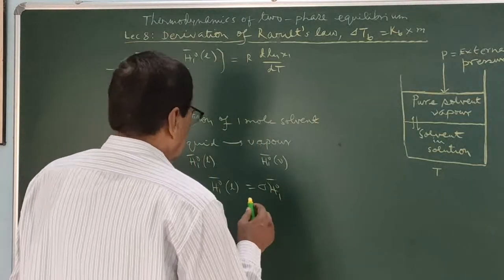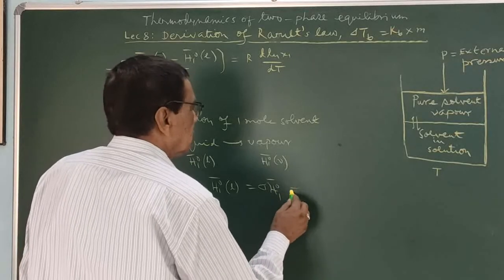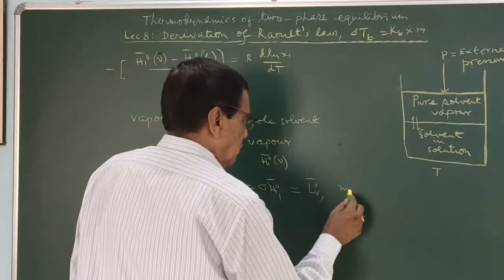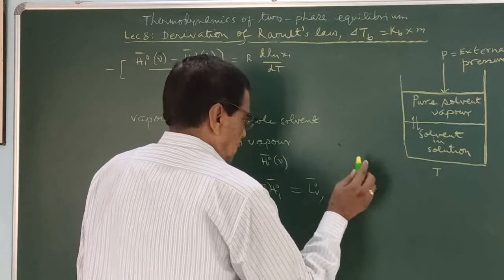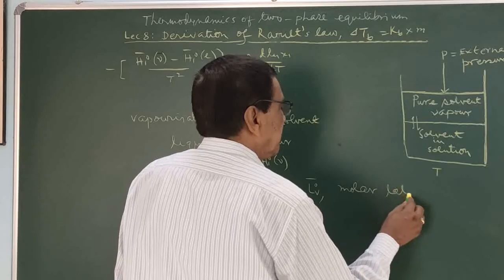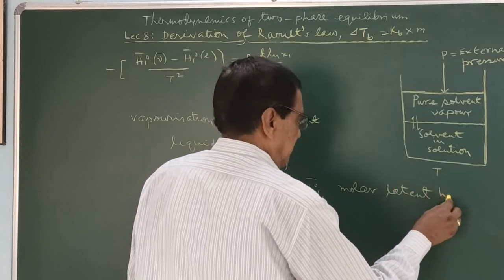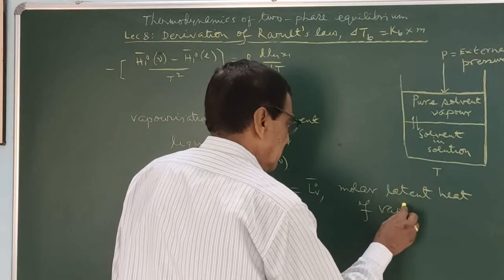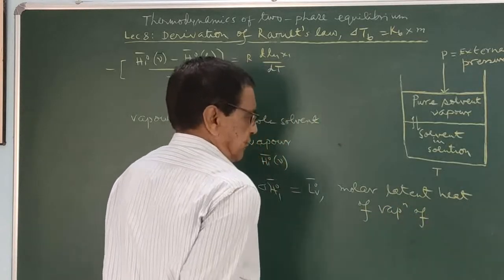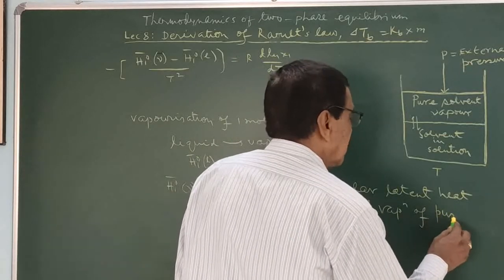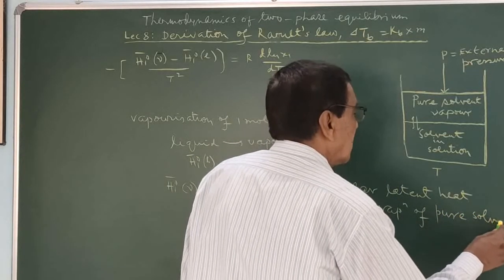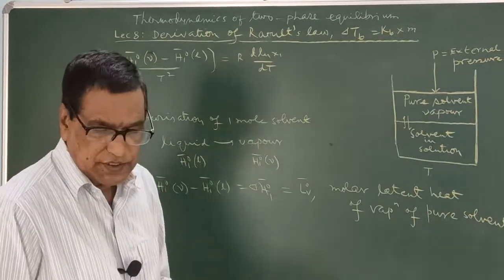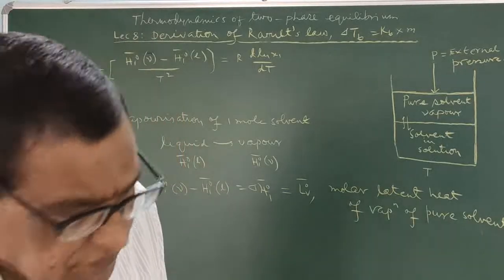And this one we can write as LV naught bar, and it is the molar latent heat of vaporization of pure solvent. The naught means it is meant for the pure solvent.